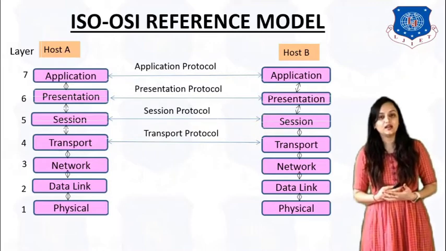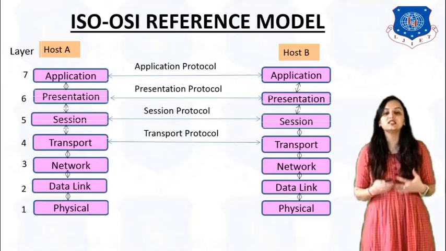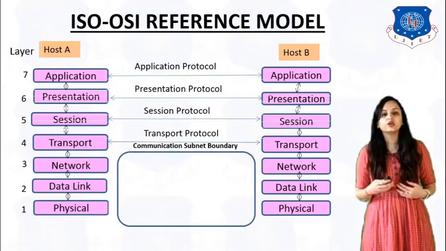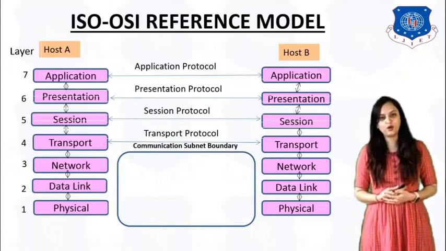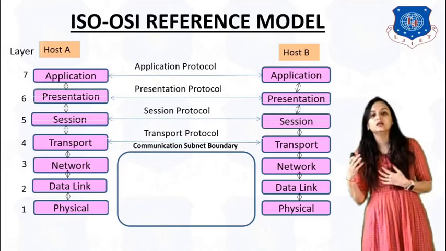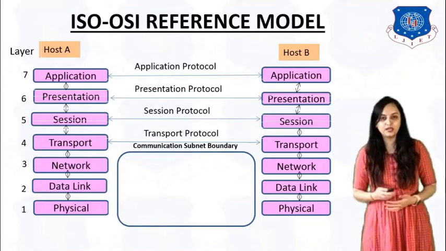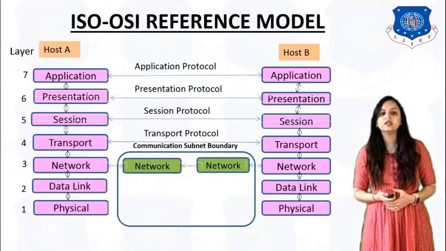Now in the 3 layers, that are the physical layer, data link layer and network layer, there is a boundary called the subnet boundary, also referred to as the communication subnet boundary. Now what is a subnet? A subnet is the collection of communication links and devices, or you can say nodes. In this subnet boundary, for the network layer, we have the network router protocols.